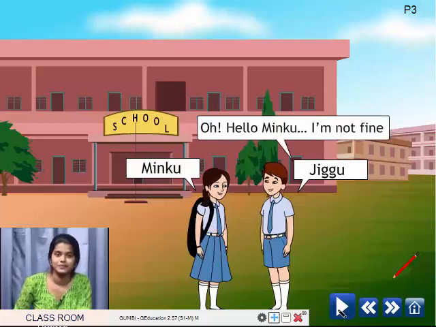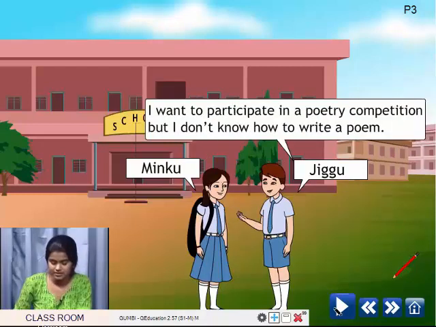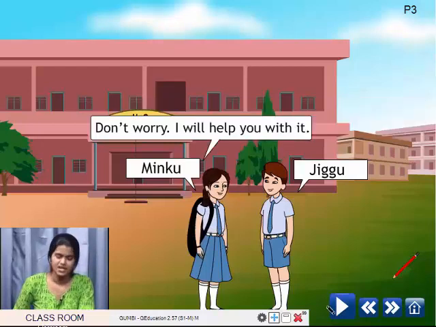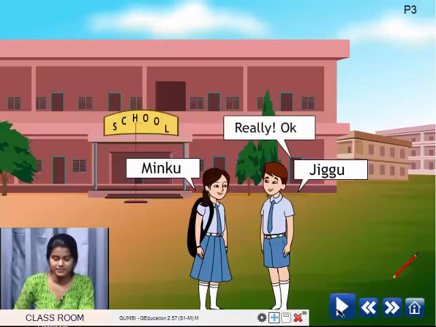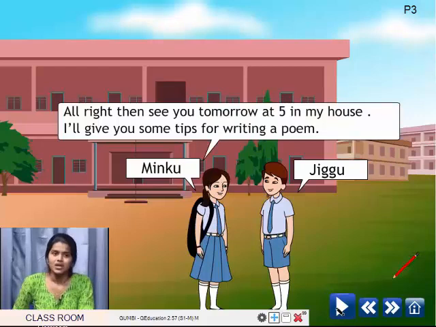Hello, Jigu. How are you? Oh, hello, Minku. I'm not fine. Why? What happened? Oh, I'm in trouble. I want to participate in a poetry competition, but I don't know how to write a poem. Oh, don't worry. I'll help you with it. Really? Okay.